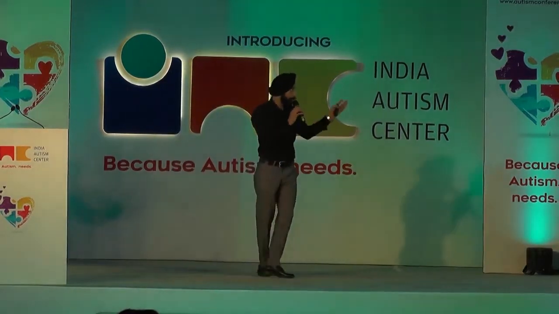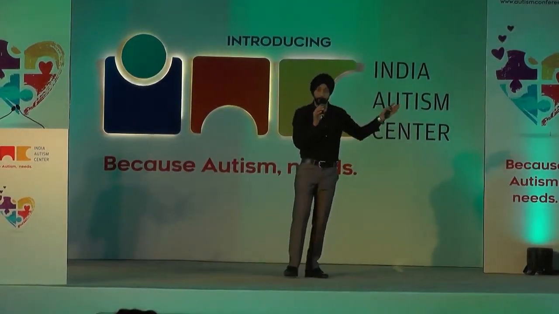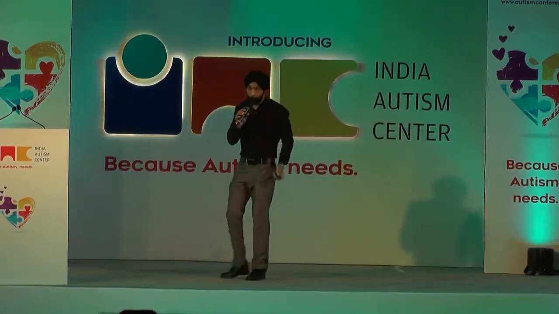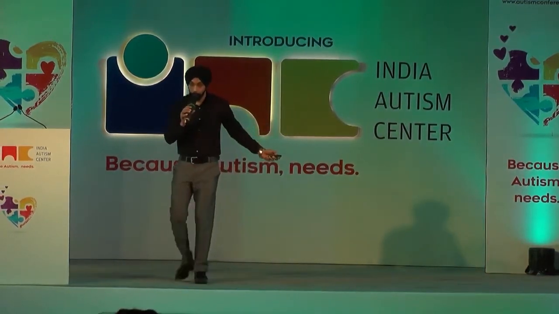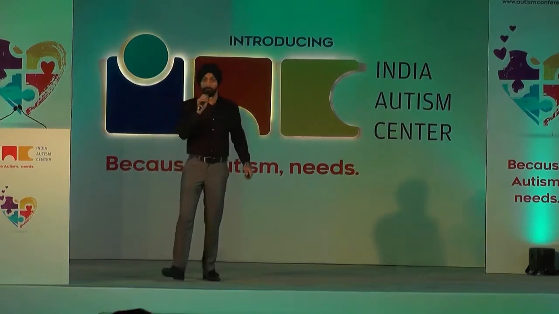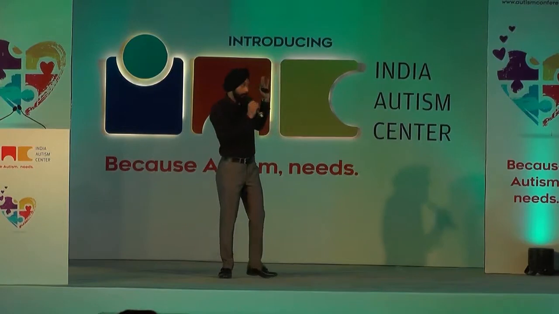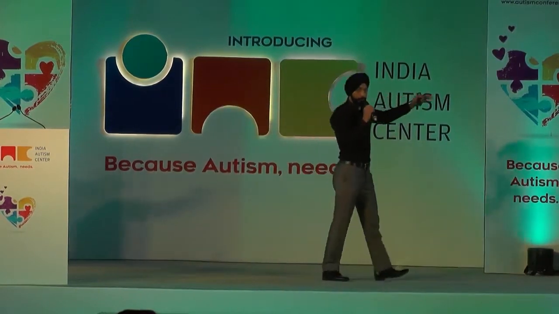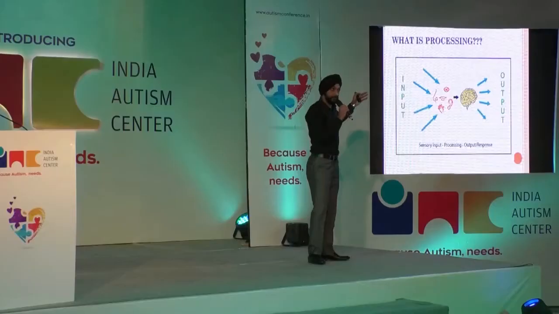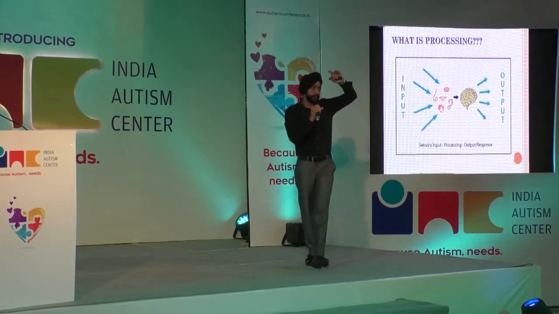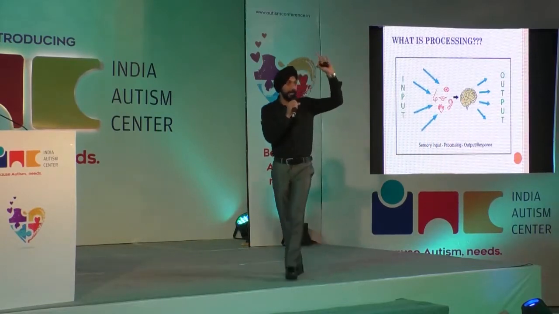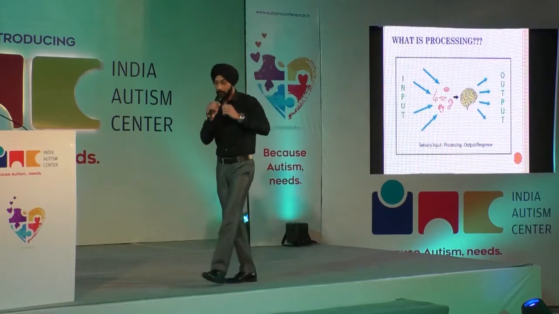5 from the external and 2 inside our body. Okay? So, what does the word processing mean? There will be an input which needs to go through our senses to our brain. The brain needs to process it, and it needs to give an output.